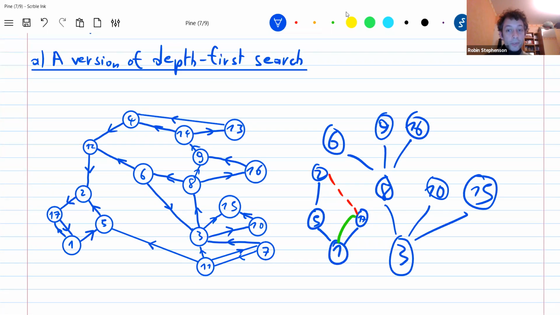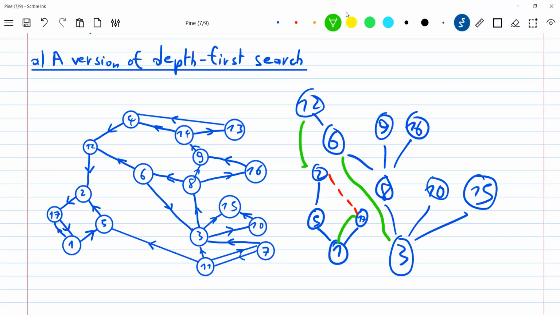Now we explore 6. 6 has 2 out neighbors, 12 and 3. 12 is new, so that's good. But 3 is not new, and we go backwards to 3. So that explores 6, then 12. 12 has 1 out neighbor, that's 2.